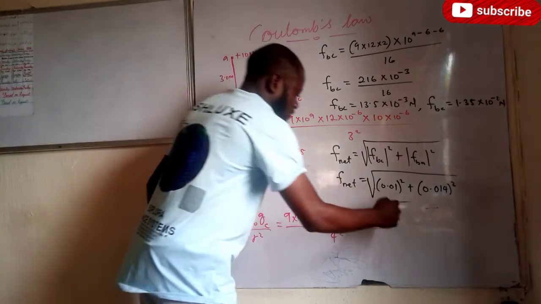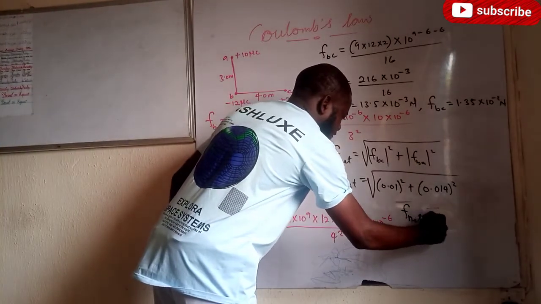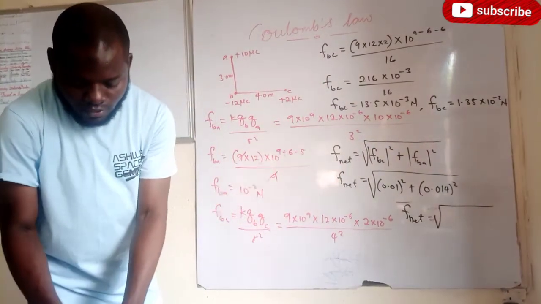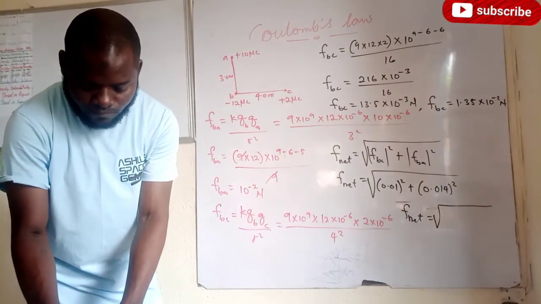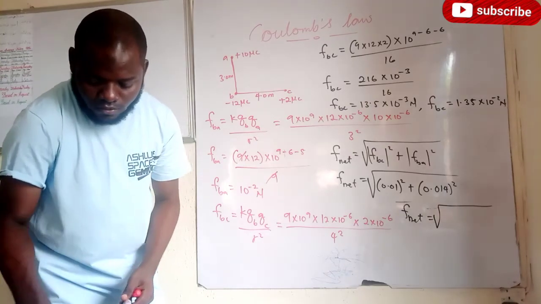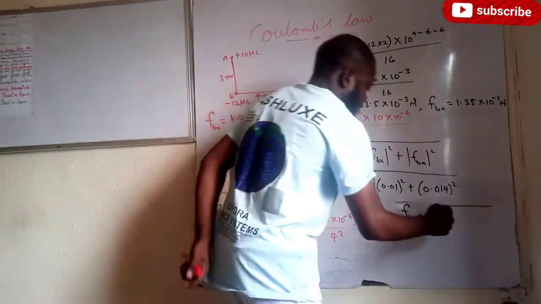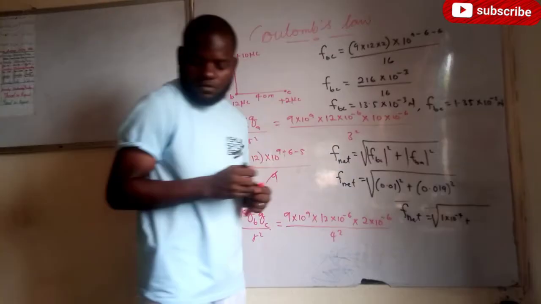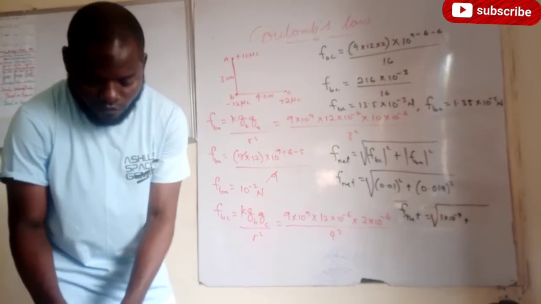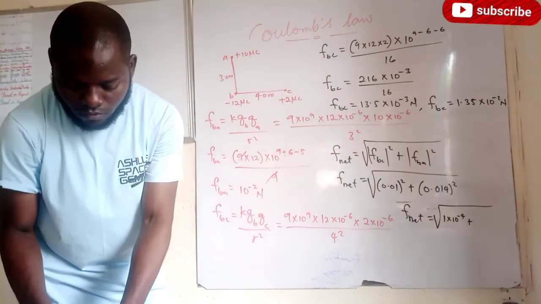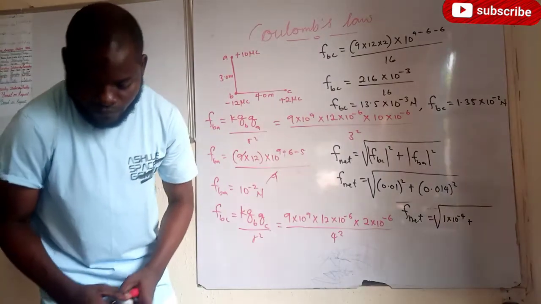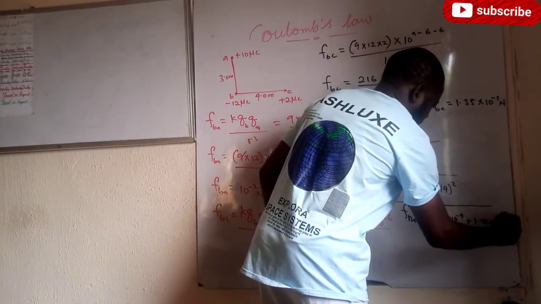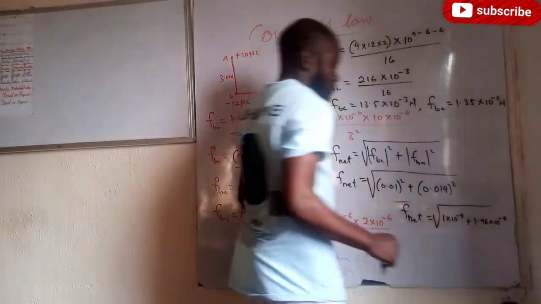Okay, we therefore have that the net force is going to be the square root of 0.01 square. Okay, that will give us 1 times 10 to the power of minus 4, plus the other one, 0.014 all square. So this will give us 1.96 times 10 to the power of minus 4.